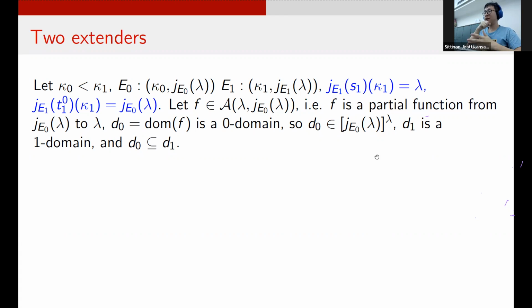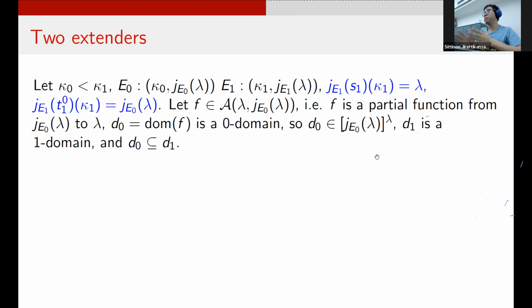So it's something kind of homogeneous with the objects with respect to kappa 0, because just let me say a little bit, inside E0 of D0 is going to concentrate on the collection of mu such that the domain of mu is a subset of JE0 of lambda and the range is a subset of lambda.